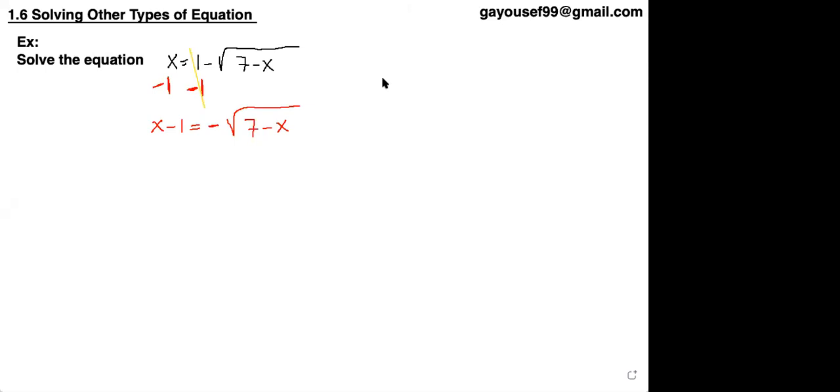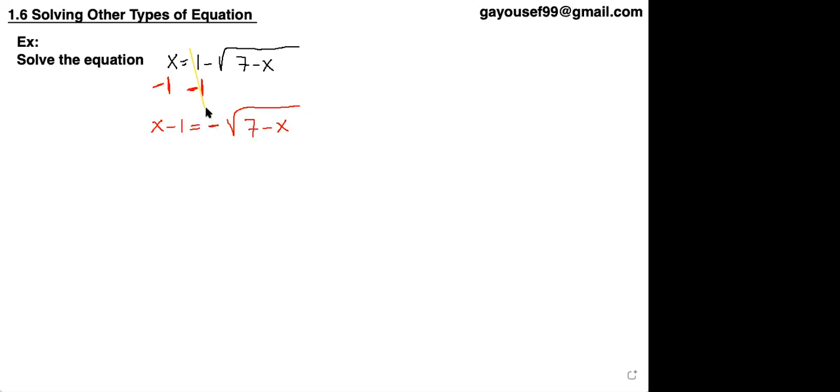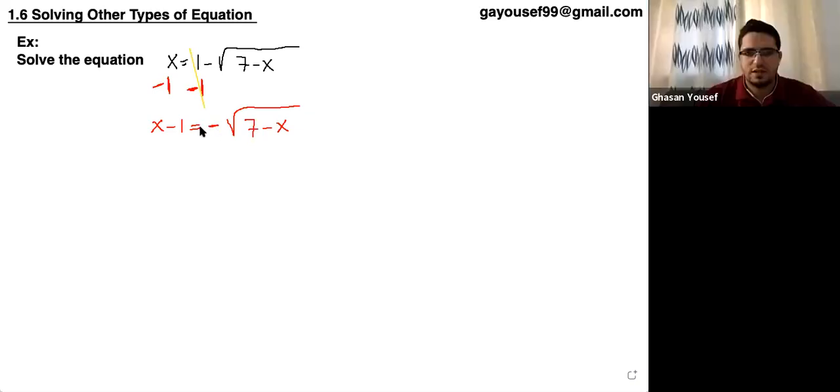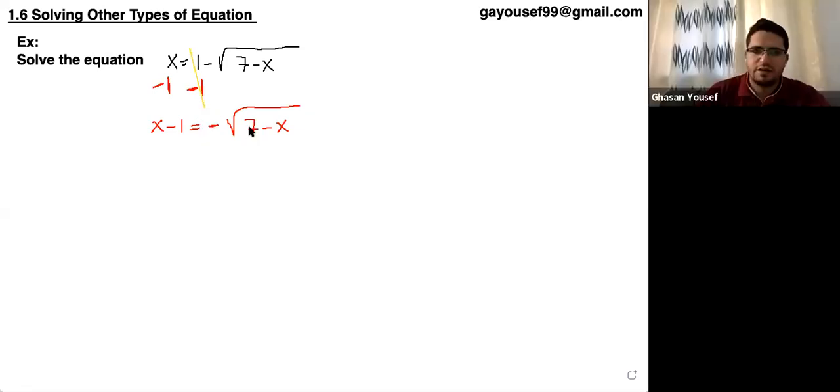You would divide by -1 on both sides to get rid of the negative. What about if we square both sides with the negative? Because -1 squared is 1, right? Okay, so I prefer, instead of dividing both sides by the negative, to square both sides with the negative, like this.